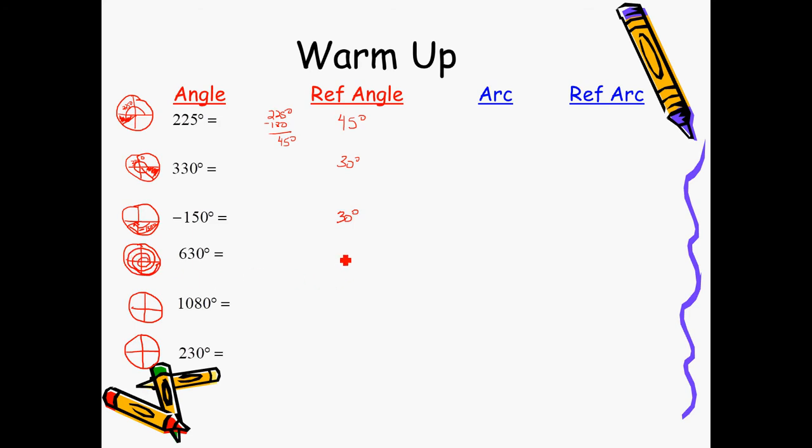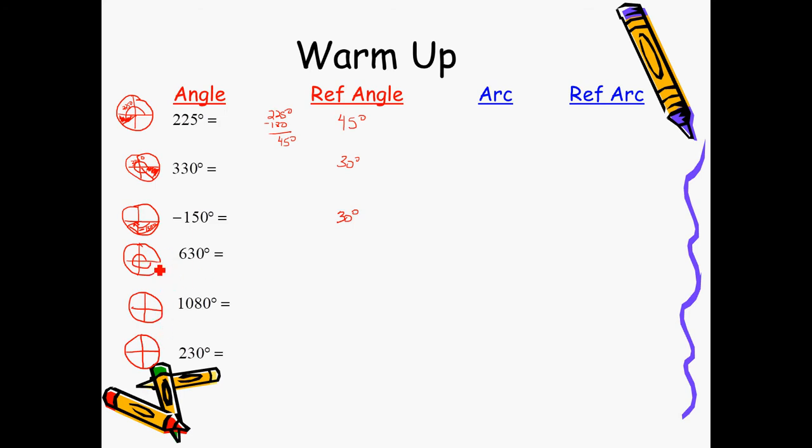So its reference angle, remember, I landed on a boundary. Oh, whoops, my bad, I was doing the next one. 630 is not three 360s. There is 360.